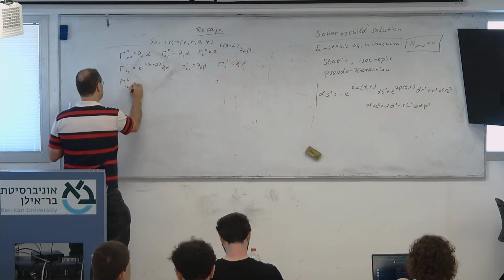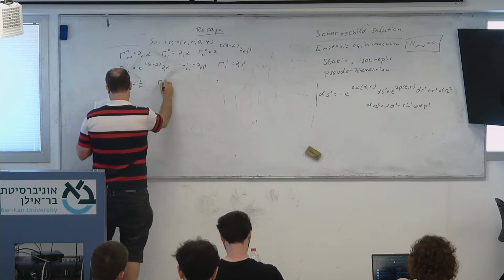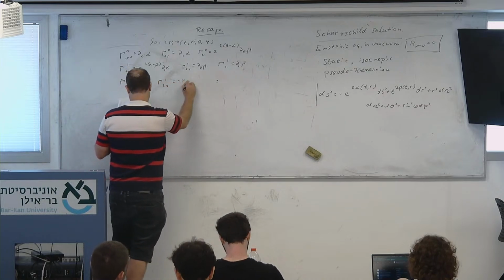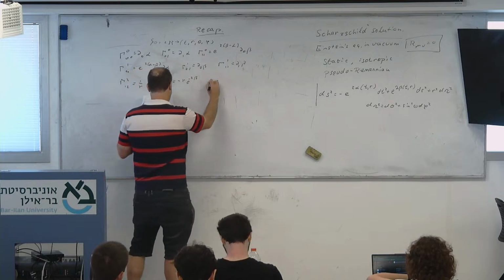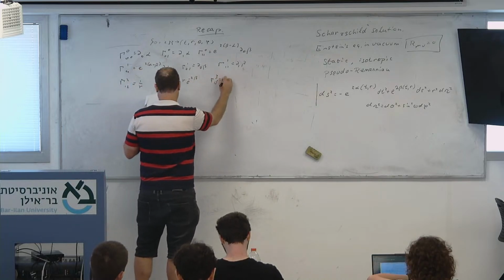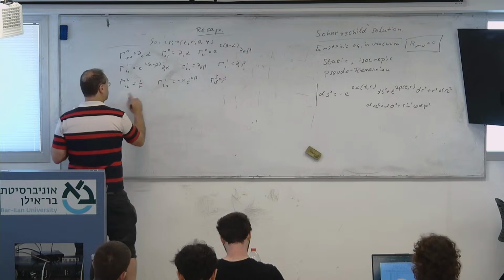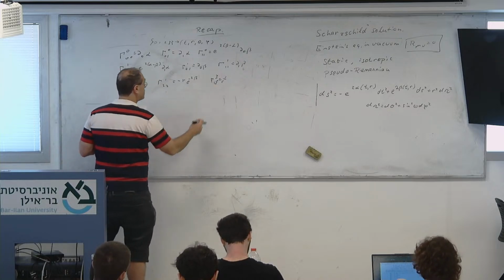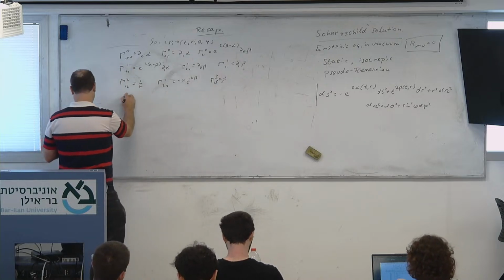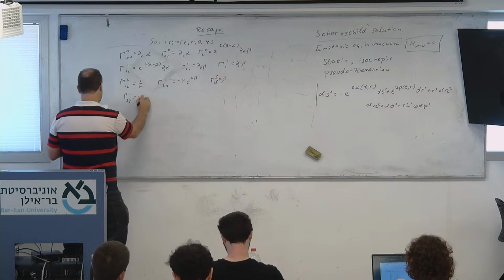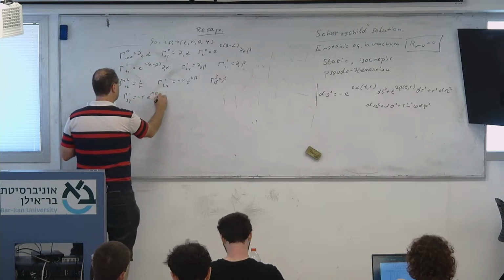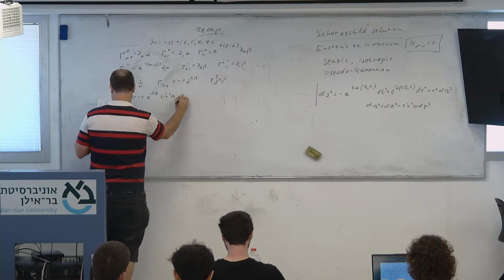Gamma 2,1,2 is 1 over r, gamma 1,2,2 is minus r e to the minus 2 beta, gamma 3,1,3 is 1 over r. Of course, if you switch the two lower indices, you get the same. Gamma 1,3,3 is minus r e to the minus 2 beta sine squared theta.